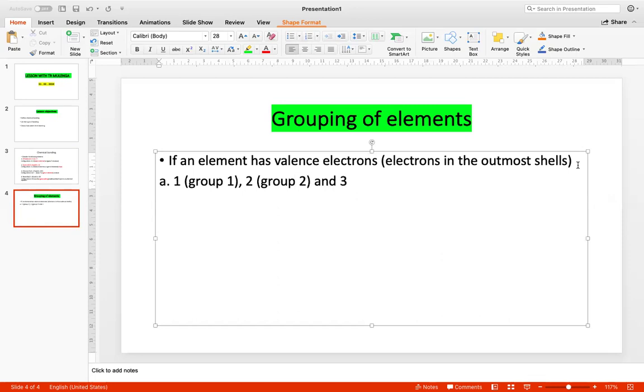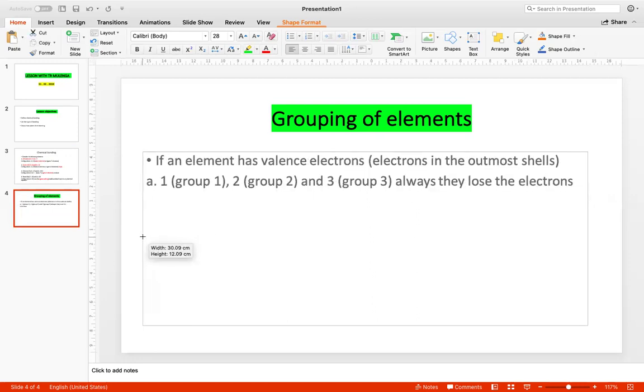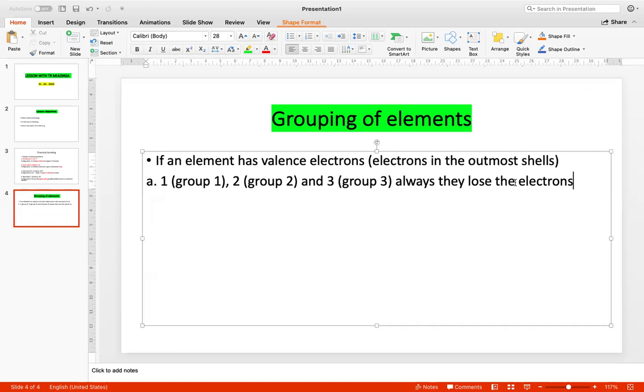And 3 electrons, those that are in group 3. Always these guys, for as long as they take part in any chemical reaction, always lose electrons. Not just any electrons, they lose the electrons that are in the outermost shell.